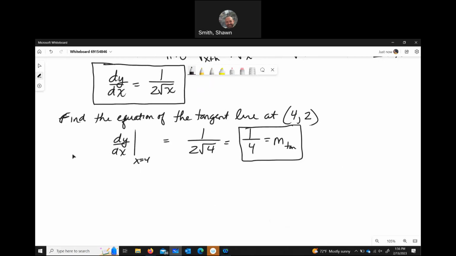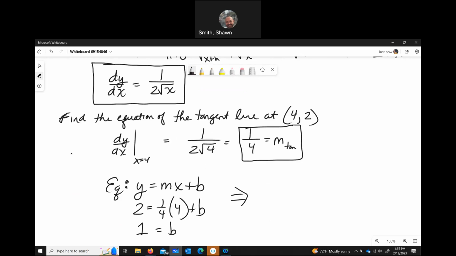So now to find the equation, y equals mx plus b. y is 2 for a slope of 1/4 when x was 4. This solves for b. 1/4 of 4 is 1. Subtract it from 2 makes 1, that's b. So y is equal to 1/4 x plus 1 is the equation of the tangent line.